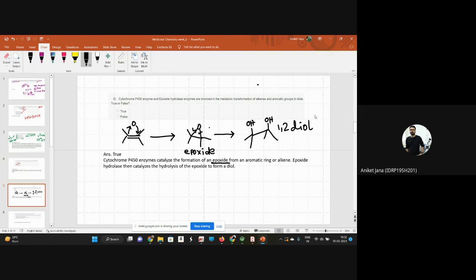Okay, so via the cytochrome P450 enzyme, it is forming the epoxide ring, and via the epoxide hydrolase, it catalyzes the hydrolysis of the epoxide to form the diol. So this statement is true.